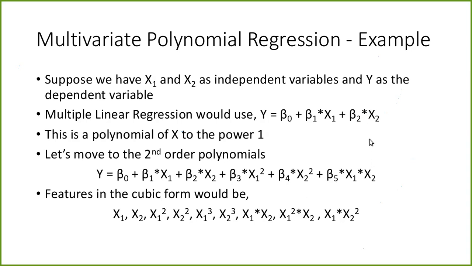Say first you can use x1, then x2, and then you can use x1 square, x2 square, and the combinations of all the 4. And then you can add x1 cube and x2 cube, and then add the combination of all the 6 parameters, right?